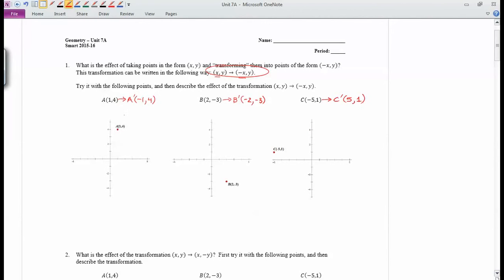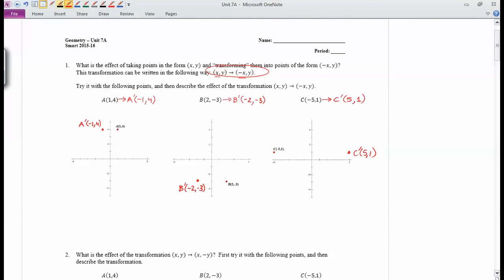And if I plot those points, A prime, (-1, 4), is up here. So here's A prime. B prime is (-2, -3), so it's down here. And C prime is (5, 1), it's way over here.